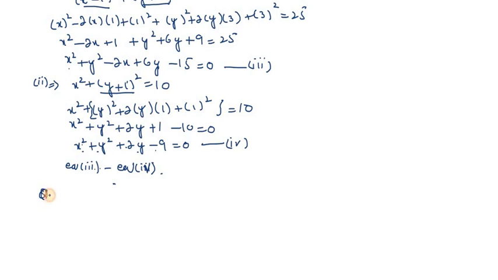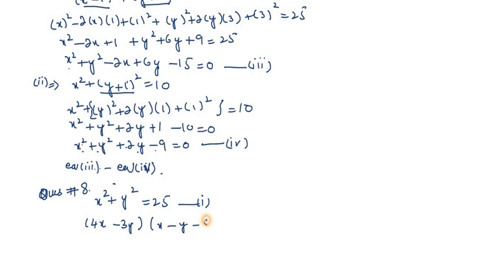Now question number 8. In question number 8, we are given the equation x square plus y square is equal to 25. This we call equation number 1. And the other equation is (4x minus 3y)(x minus y minus 5) is equal to 0. This is equation number 2.